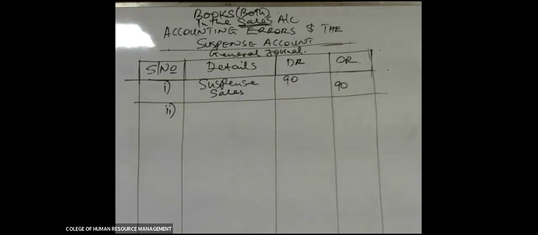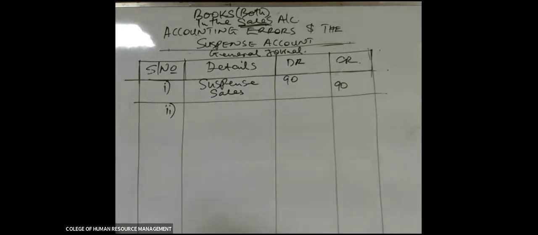It has been overcasted. Overcast means you recorded excess or extra amount. So as we are speaking, 24,000 in the purchases account is excess. And it is excess on the debit because purchases is normally debited. So how do we remove that excess from the debit? We reverse that excess amount.